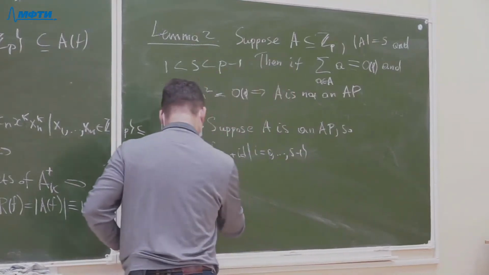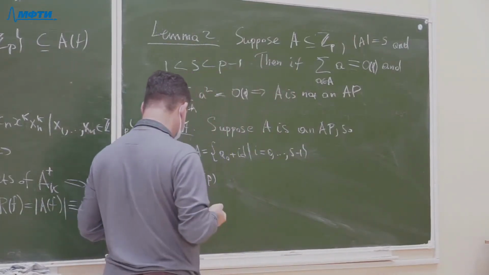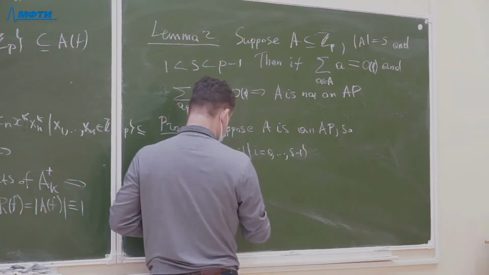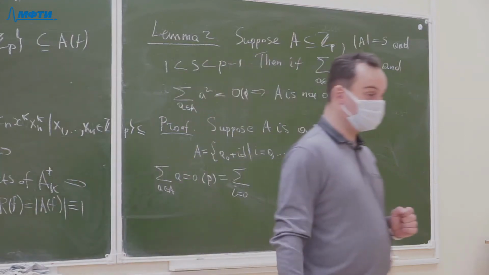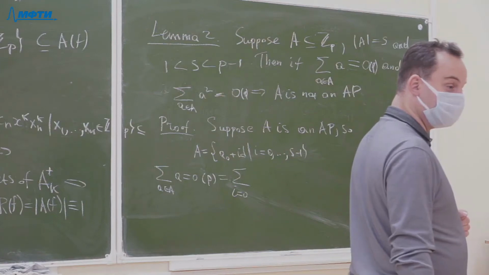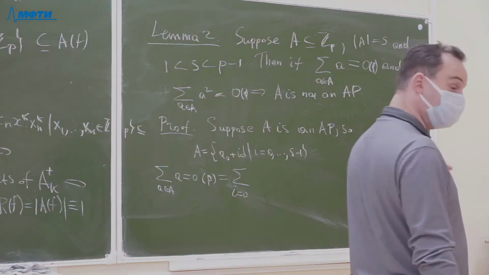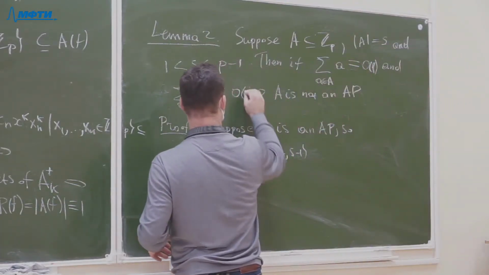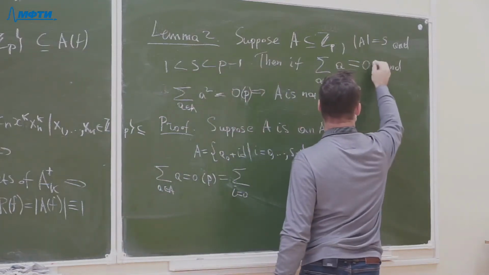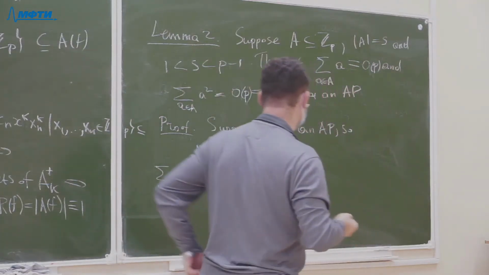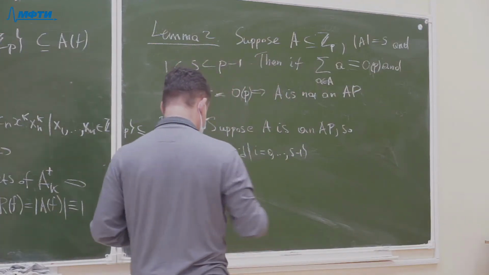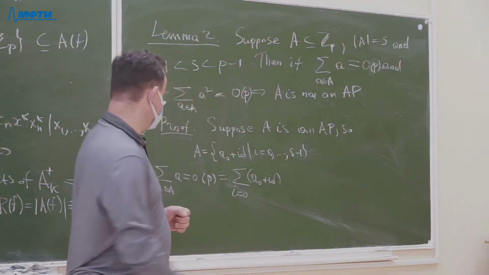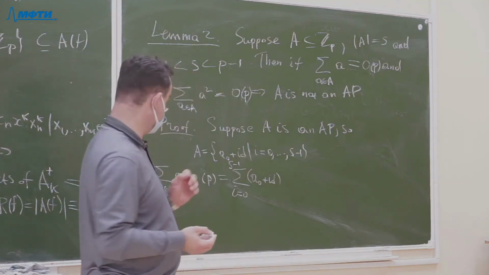This sum is 0 modulo P. And this is the sum over i of A0 plus i d.